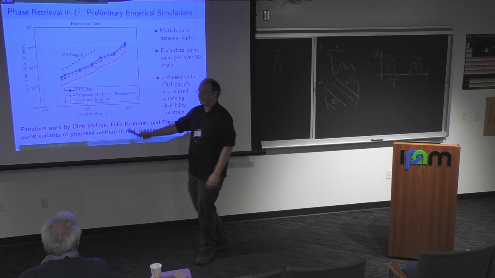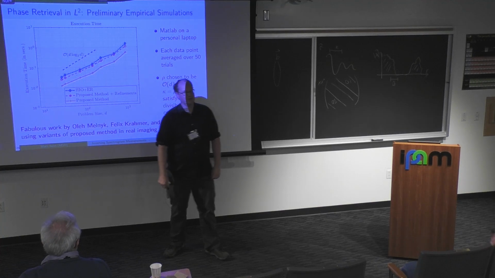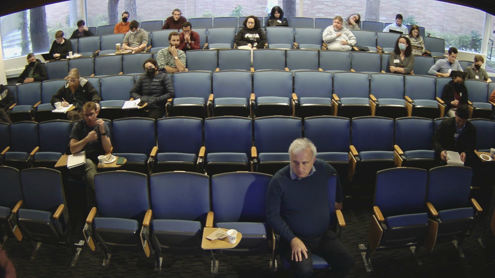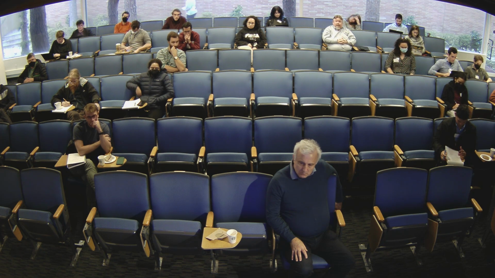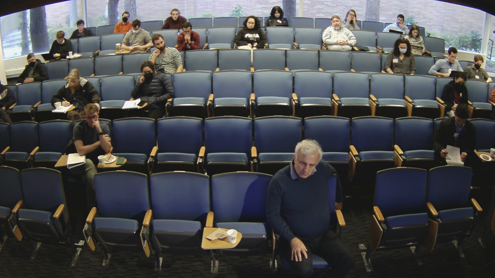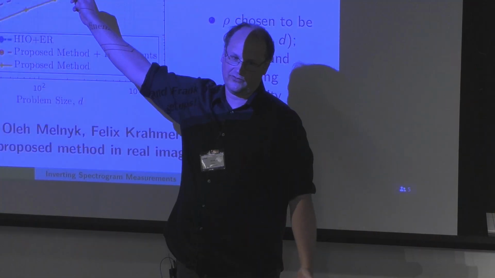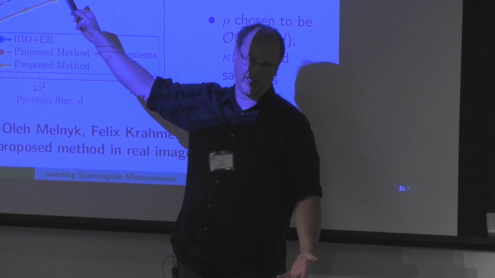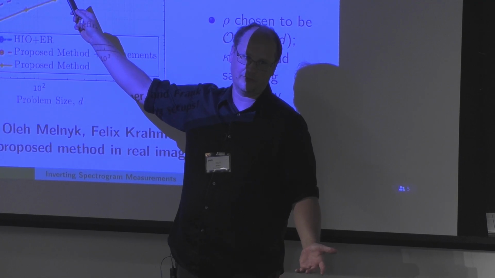Do you know how many iterations you get it down to versus 600 if you initialize with this approach? The way I look at it, this approach is worth 600 iterations of HIO plus ER, except you can get there faster.